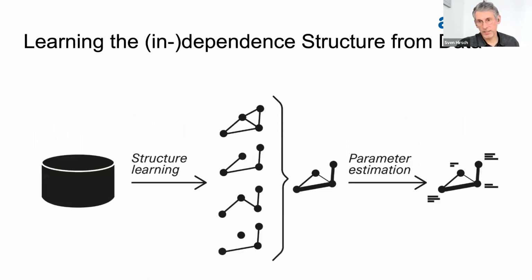So you take your data, and from the data you first learn a structure that best represents these connections. The thing is, it depends on the samples from the data that you take. And then you estimate parameters on that, and you have a result which best represents this sample.